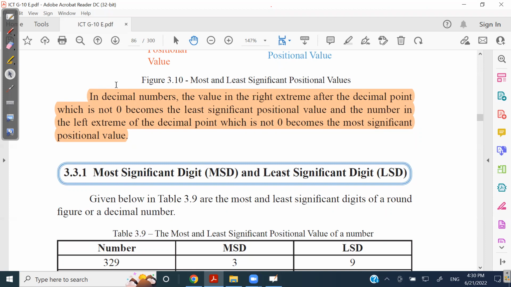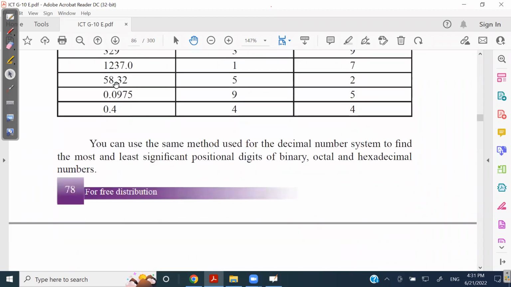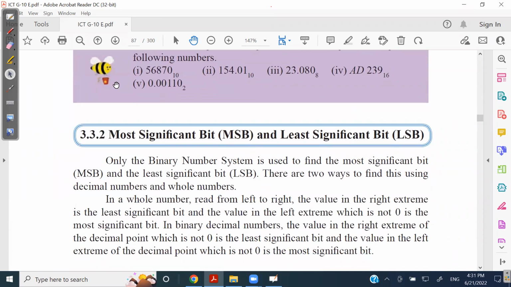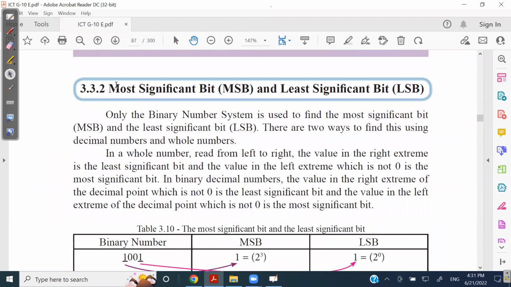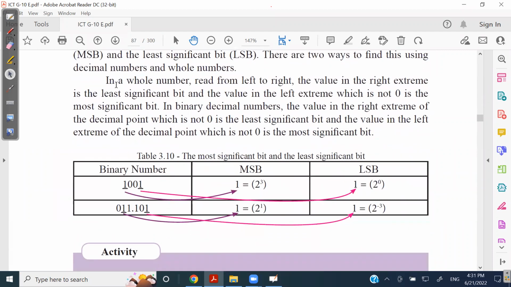Because the term bit, BIT, is used to identify a 1 or a 0, right? So because of that, we use a special term: the most significant bit and the least significant bit.